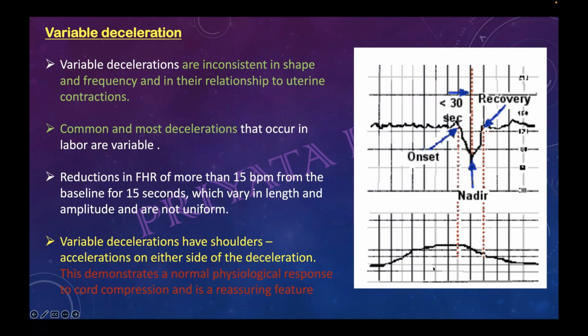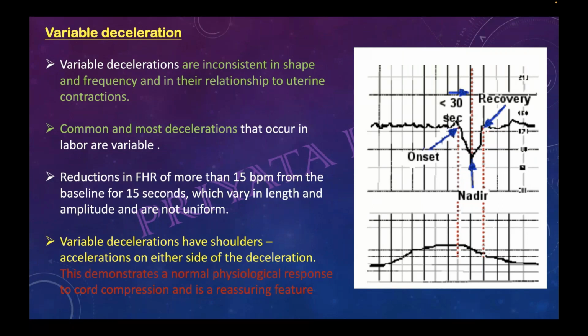You will find variable shapes, sizes, and frequency. These are the commonest ones, and they are not uniform. Variable decelerations also have shoulders on each side of the deceleration. These are the shoulders, and if the shoulders are there, then it is a normal physiologic response to cord compression, and it is a reassuring feature. So this is variable deceleration.